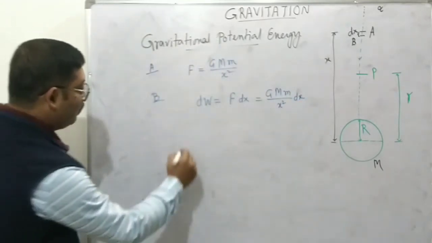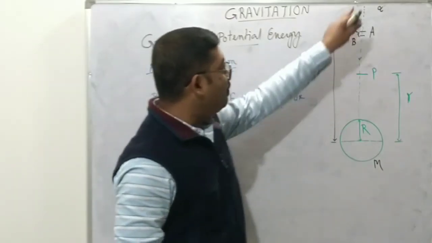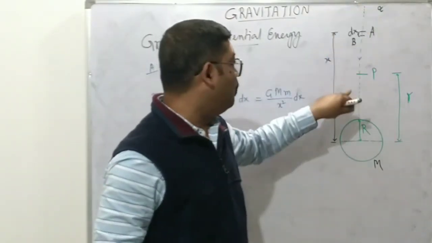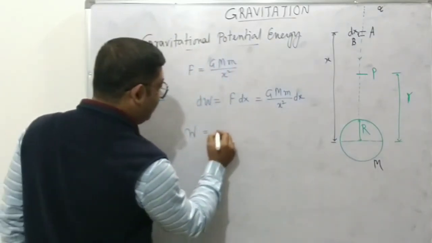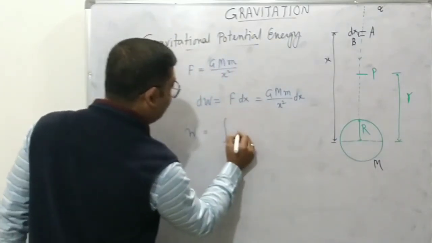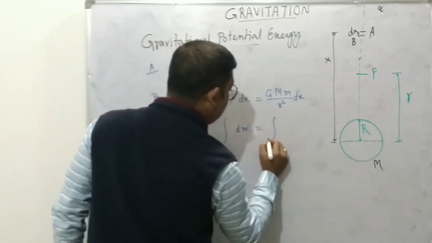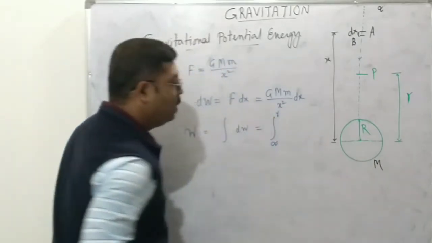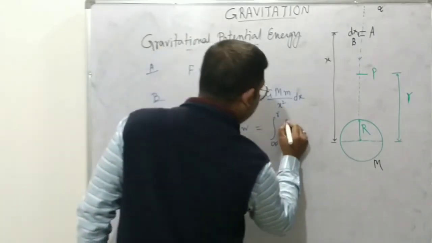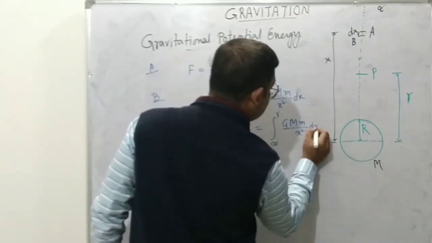What will be the total work done in bringing the object from infinity to point P, which is at a distance of r? That can be found by integrating this expression dW with the proper limit. Initially the object was at infinity, finally it comes to r, and then we have GMm by x squared dx.